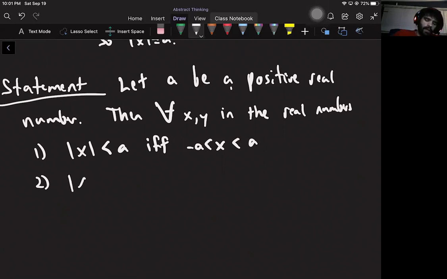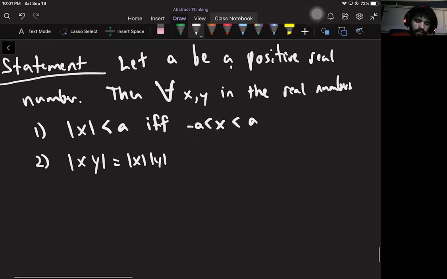2, if you multiply inside of an absolute value, you can just split it up into 2 absolute values. And then this is called something extra fancy. This is called the triangle inequality. If I add 2 numbers together inside of absolute values, that's always going to be less than or equal to adding them up separately.